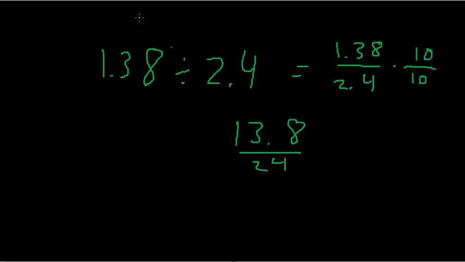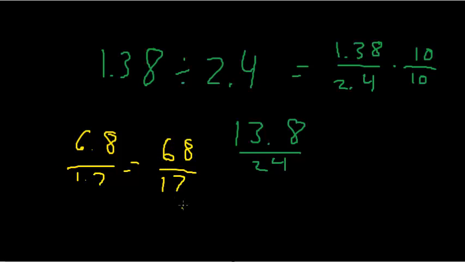Anytime we're doing division with decimals, the first thing we have to do is get the decimal point of what we're dividing by, that 2.4, to the end of the number. Another example here, if I had 6.8 divided by 1.7, I would first need to change this to 68 over 17 before I divide.